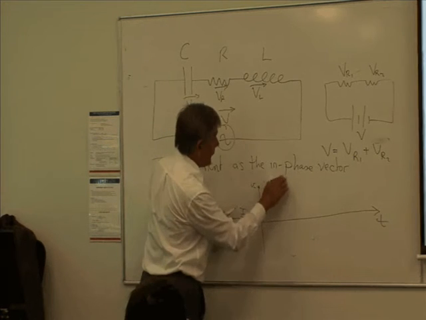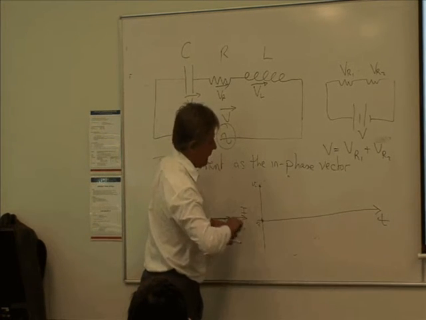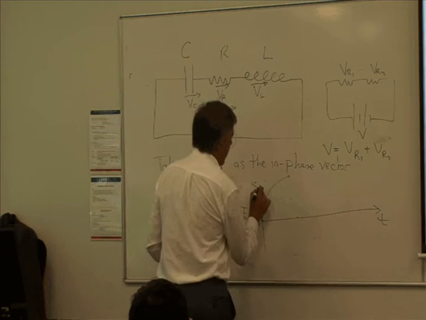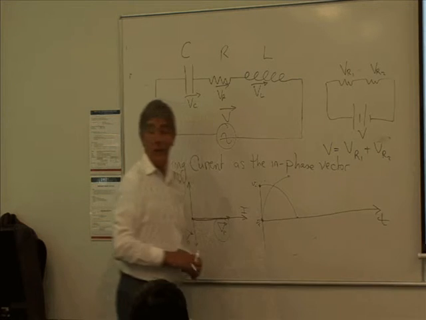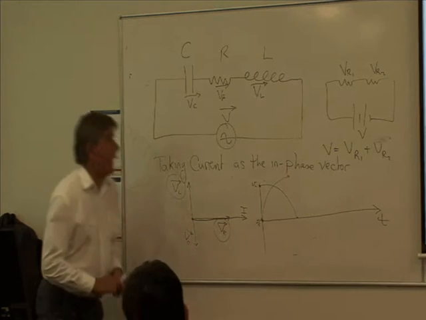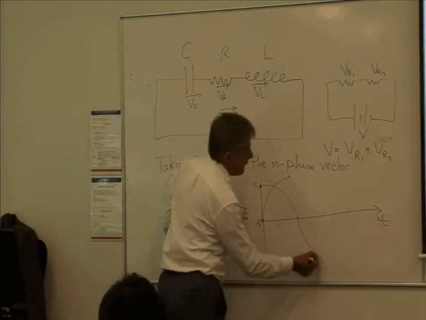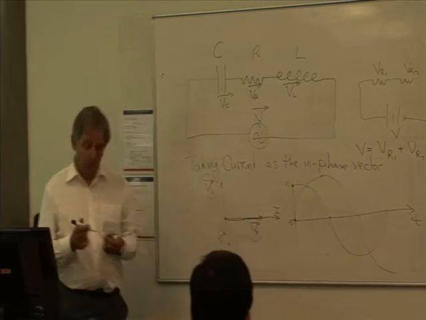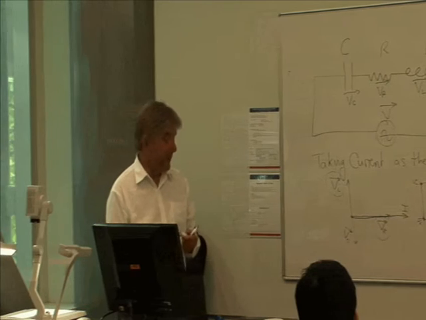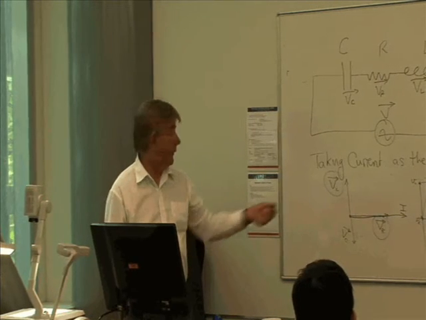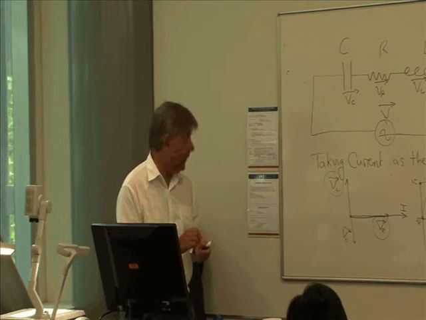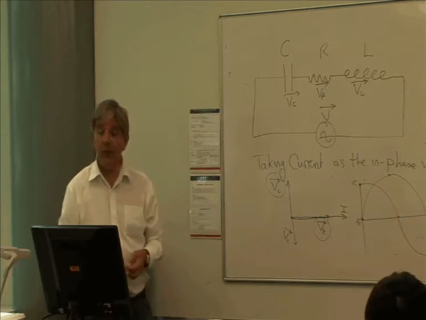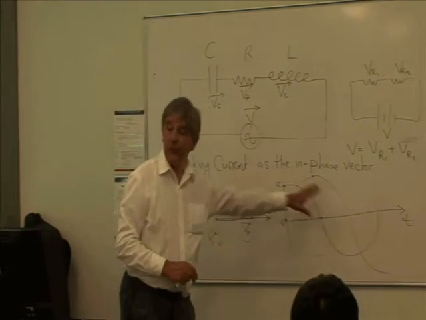So that one's increased, and that one has decreased. And if we carry on, we truly get our 90-degree phase difference between the voltage across the inductor and the voltage across the resistor. So that's the point of a phasor diagram, that as it sweeps around, it generates sine waves.